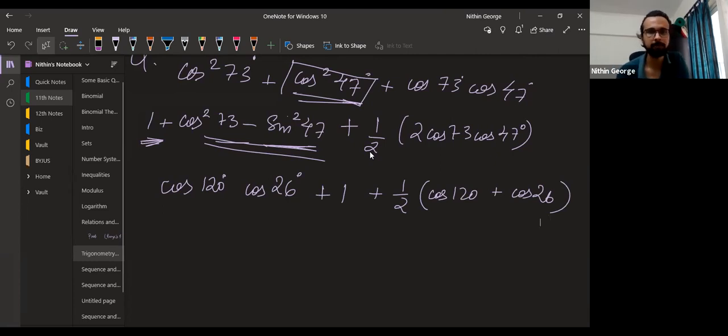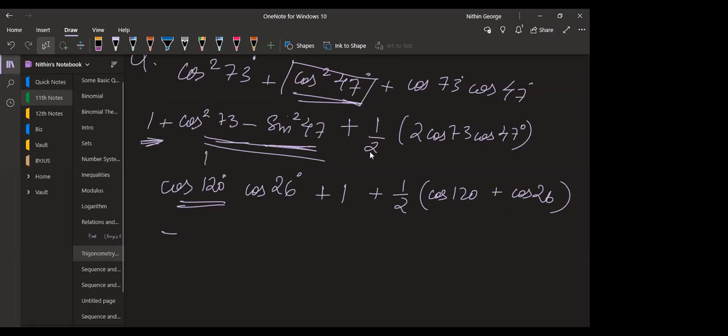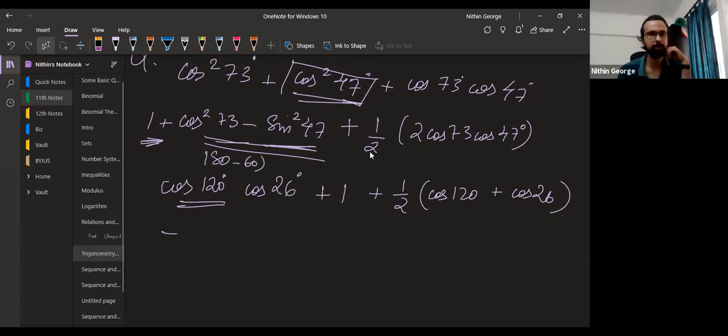Now, what happens here? What is cos 120? Second quadrant, cos will be negative. It will be negative of cos 180 minus 60, so negative cos 60, which is minus 1 by 2. So we get minus 1 by 2 cos 26 plus 1 plus half cos 120.